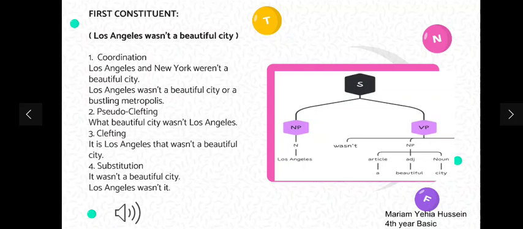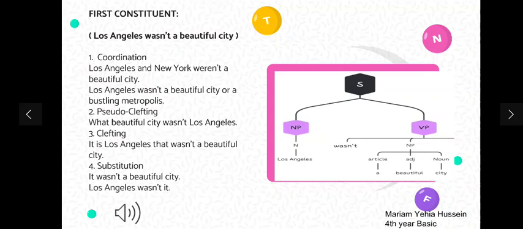Coordination means adding new information, unrelated to the sentence, or it can be related, like adding a new noun or a new object. For example, Los Angeles and New York weren't beautiful cities. Or we can say Los Angeles wasn't a beautiful city or a bustling metropolis. So here in the first one we added a new noun, and in the second one we added an object.